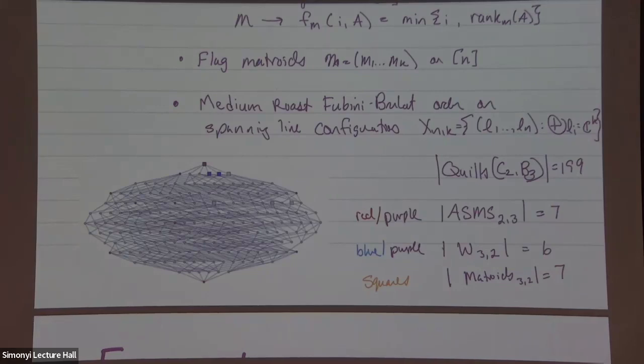And the Fubini words of length 3 with numbers from 1 and 2, there's 6 of them, and the number of matroids on 1 through 3 of rank 2, there's 7 of them. And they're sparsely populating this 199. This is just a small case. So we tried to indicate they're somewhat overlapping, using colors and shapes, so you can identify them in this picture. So there's a lot of extra stuff.